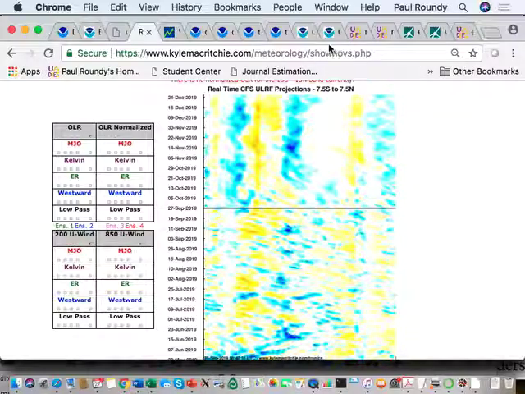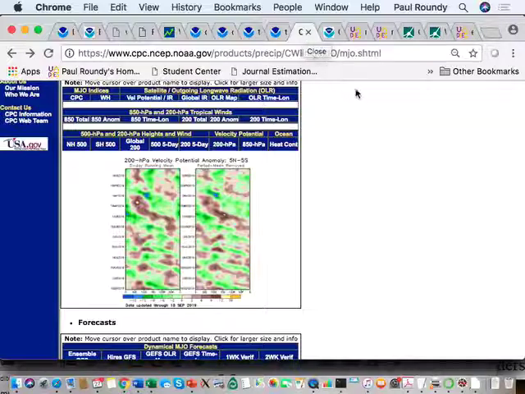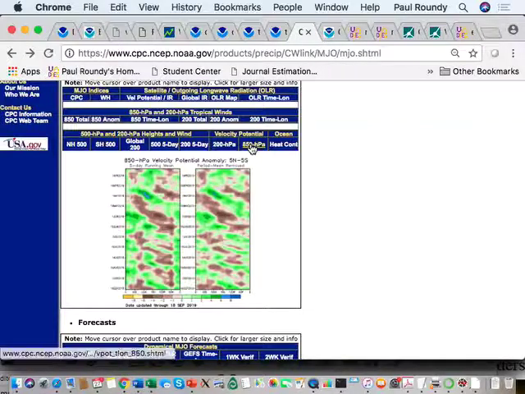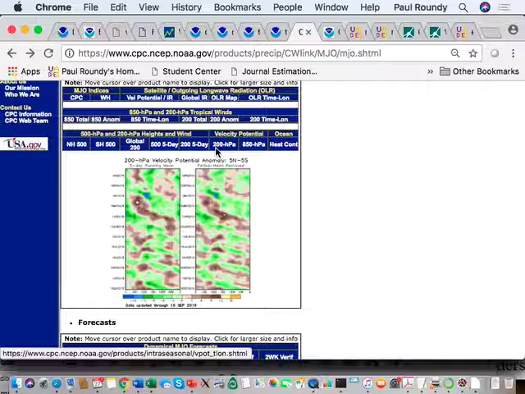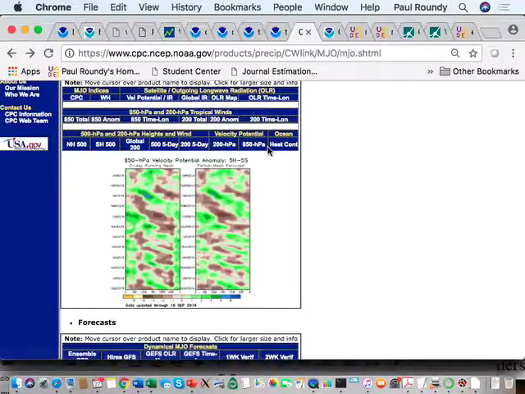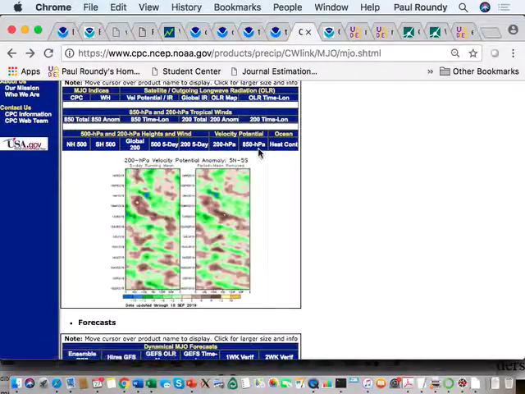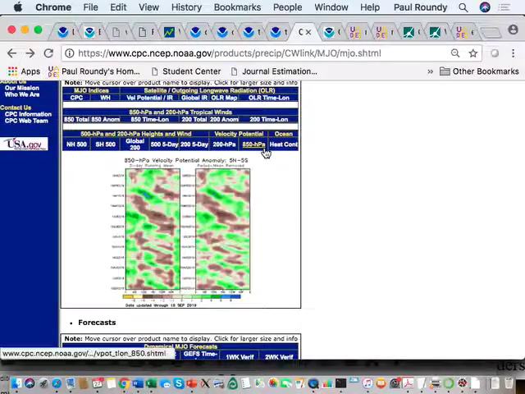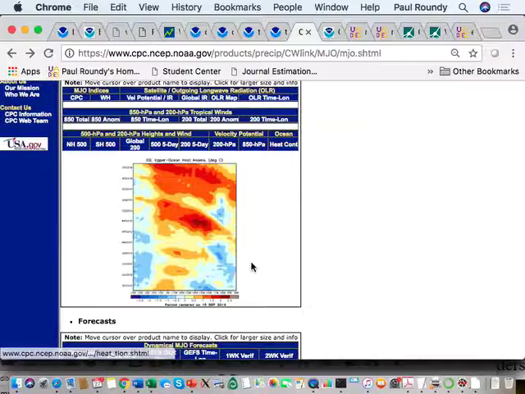So there's a substantial background state modulation of the subseasonal signal. 850 and 200 millibar velocity potential signals are pretty much consistent with each other right now, well in phase, and this is just barely beginning to show the heat content in the ocean, just beginning to show the oceanic Kelvin wave signal that we're watching now.